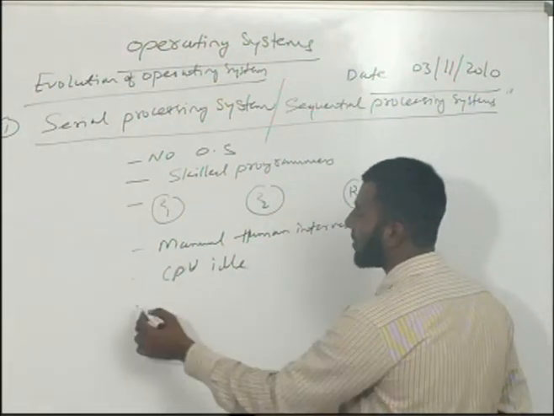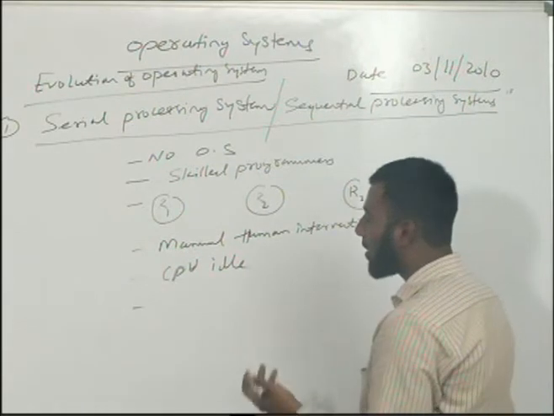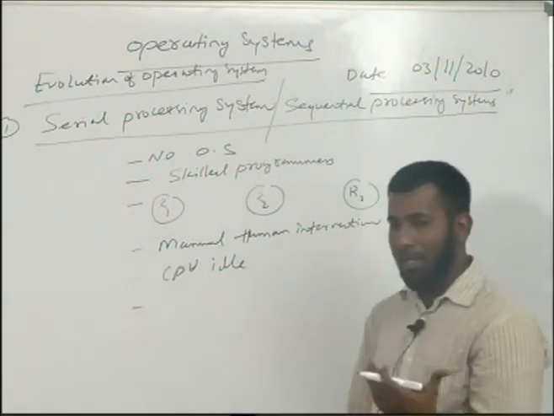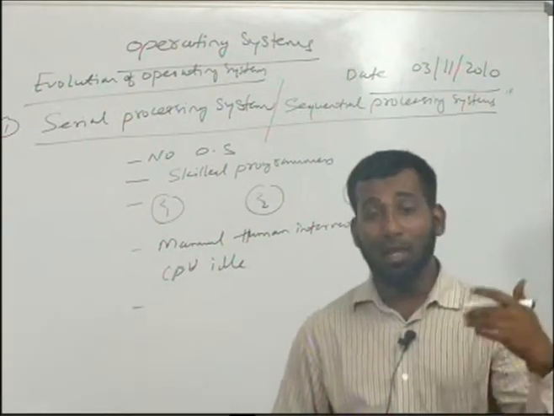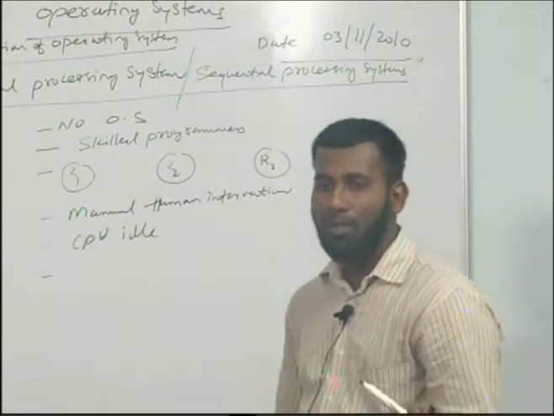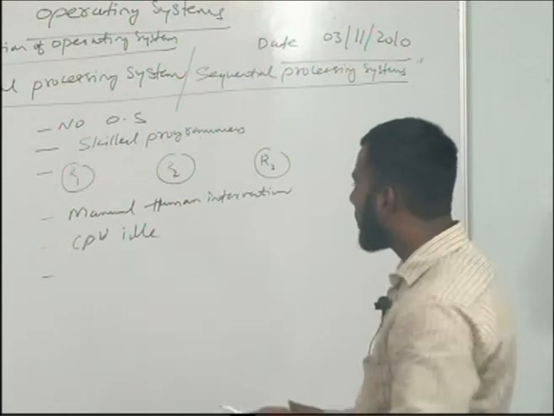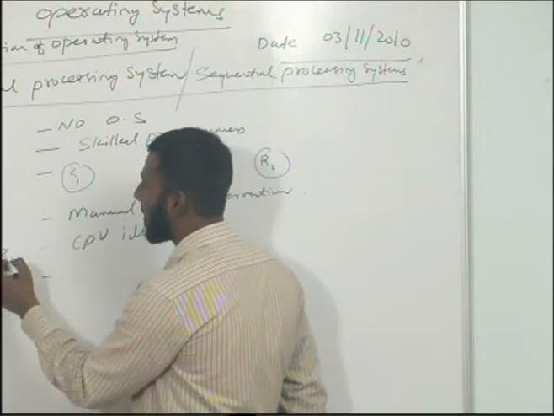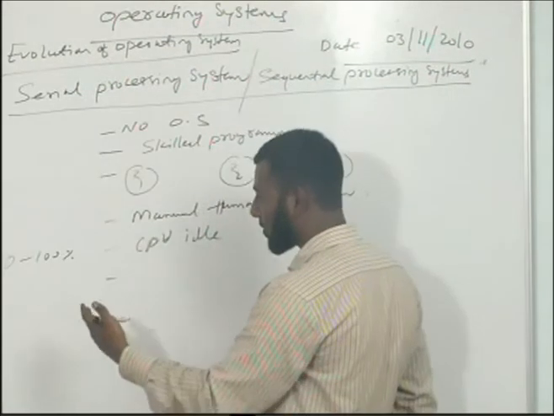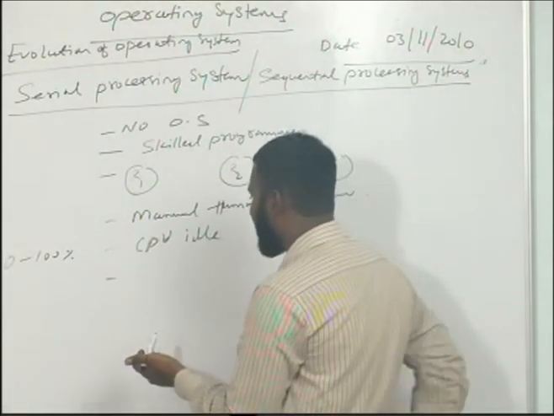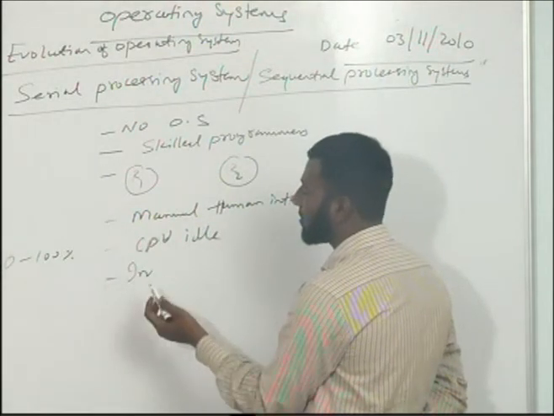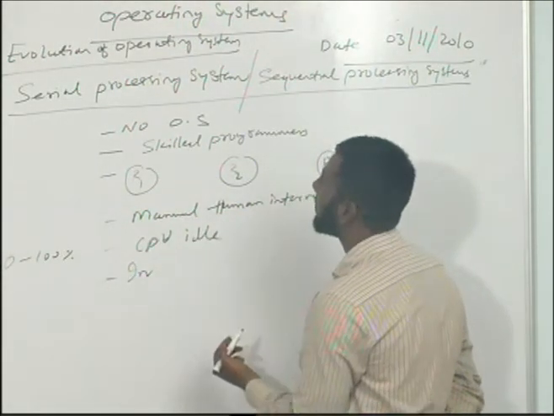Our goal is to use this CPU idle time so that CPU utilization is very high. Utilization can range from 0 to 100%, and we want to achieve a good number. Inefficient utilization of resources was one of the reasons in serial processing.